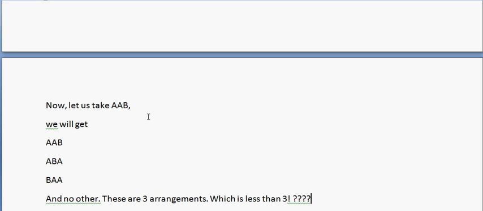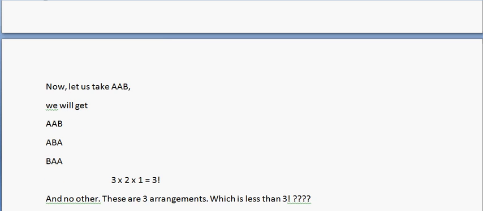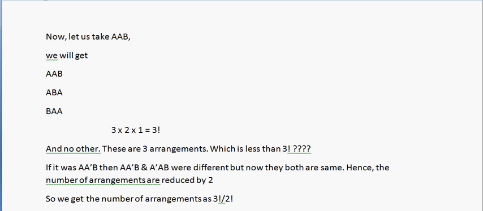Because we are arranging, we can use the basic counting principle of multiplication, which says it should be 3 into 2 into 1, which should be 3 factorial, right? But here we are getting just 3. How is it possible, right? So see, if we just denote one A by A dash, right, then we would get A dash AB and A AB dash as different arrangements, right?